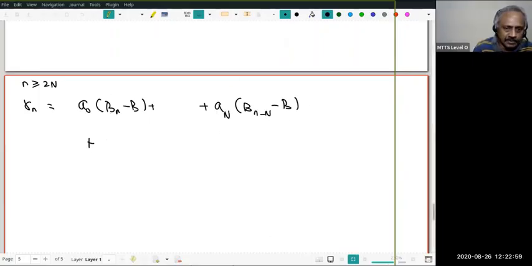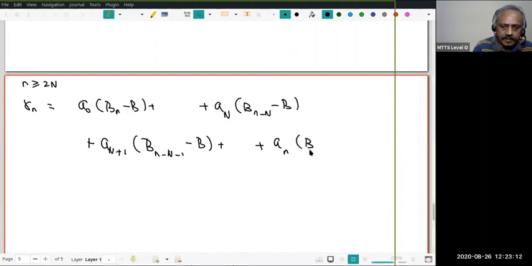Now comes the next one: a of N plus 1 into b of n minus N minus 1 minus b, and so on, up to an into b0 minus b. Is that okay?